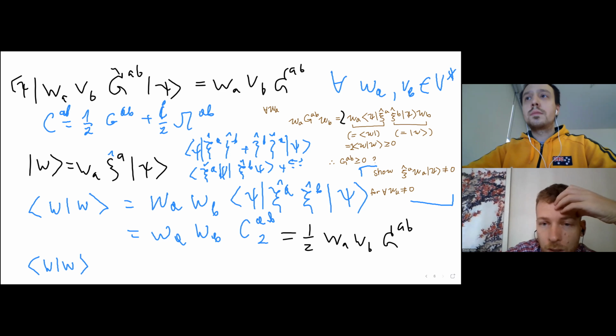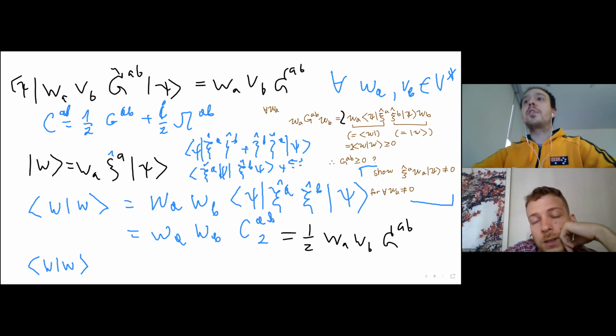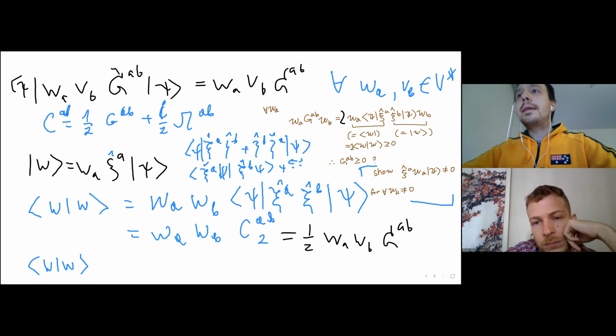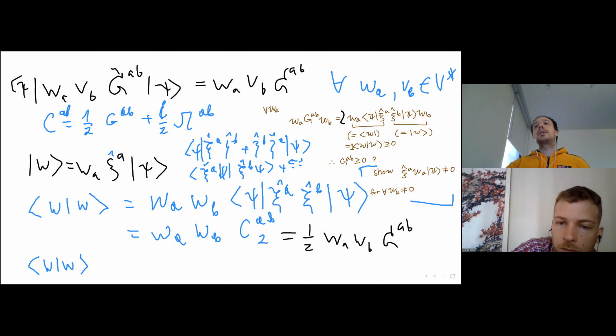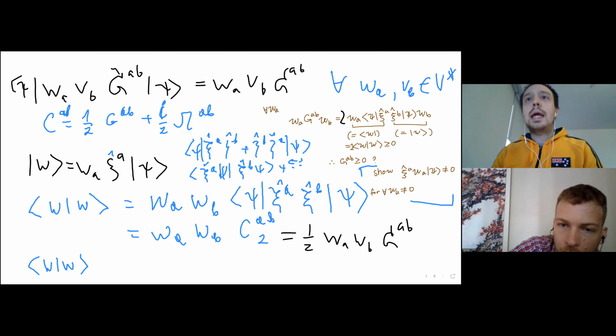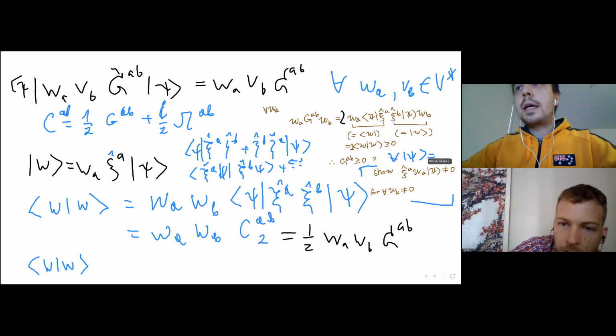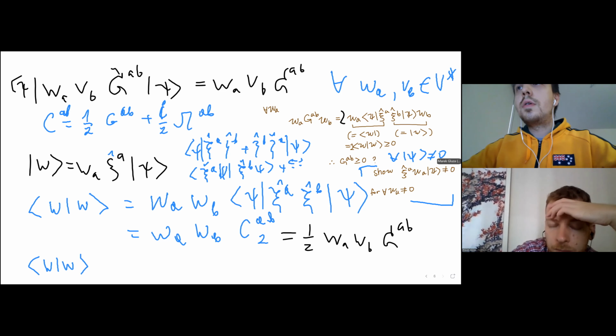So how do we prove that there does not exist any W such that W psi is equal to 0? So how do we show that this is non-zero? And if there are no ideas, but you said for psi non-zero, yeah?